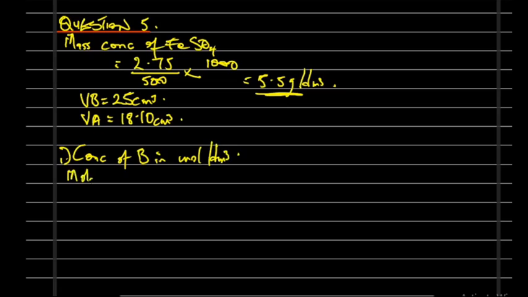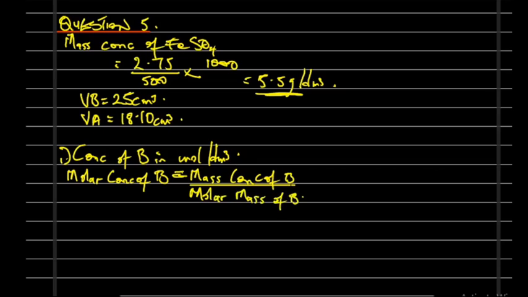The molar concentration of B equals the mass concentration of B divided by the molar mass of B. So our CB equals 5.5, which we got earlier as our mass concentration for B, divided by our molar mass of B, which is 152.